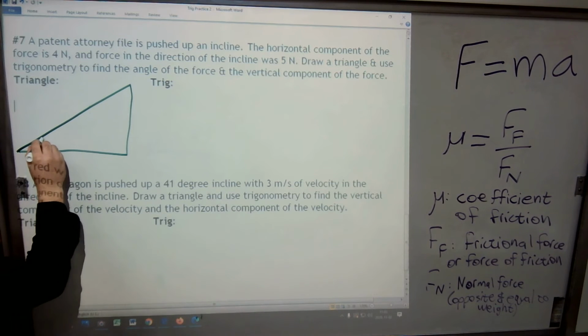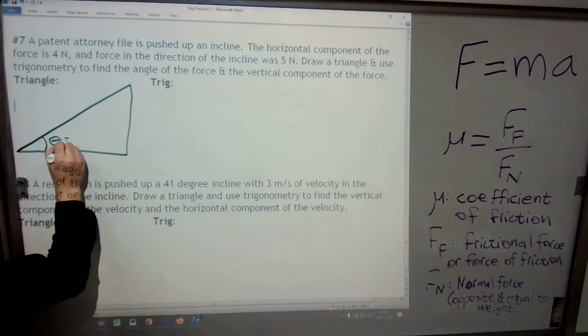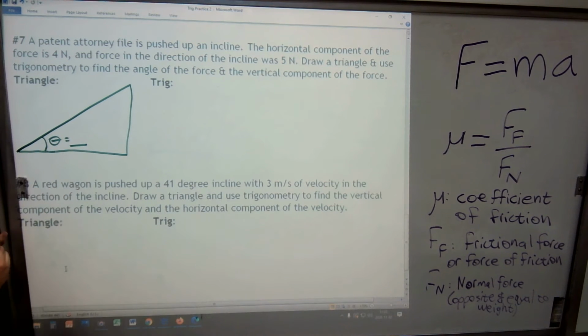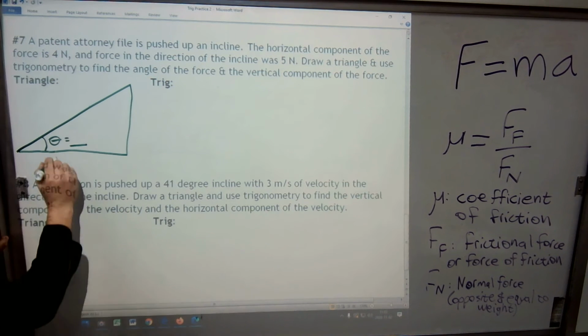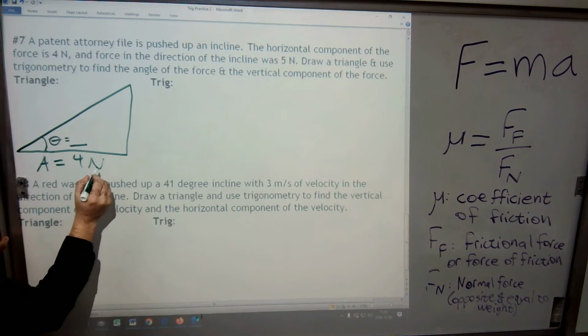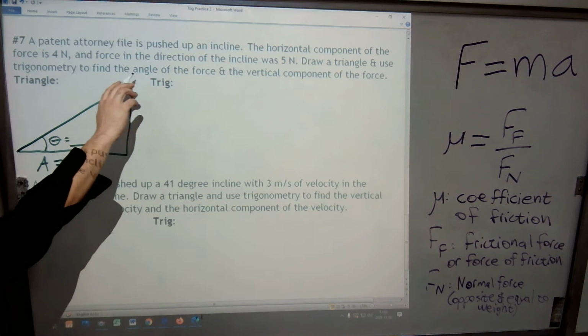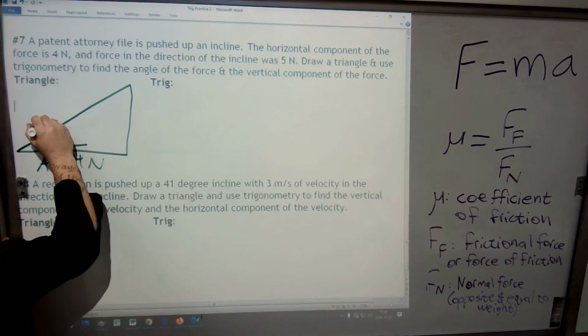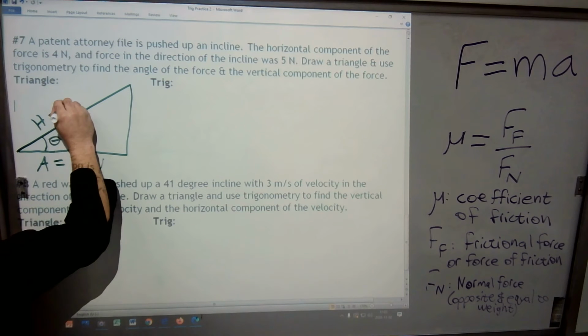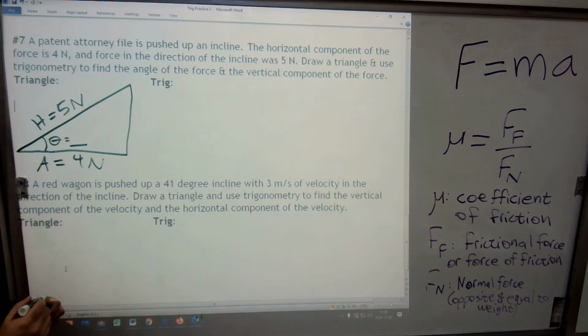So this is some sort of angle that we don't know what it is. And the horizontal component is 4. That's the adjacent side of my triangle. The force in the direction of the incline was 5 newtons. That's the hypotenuse side of my angle.